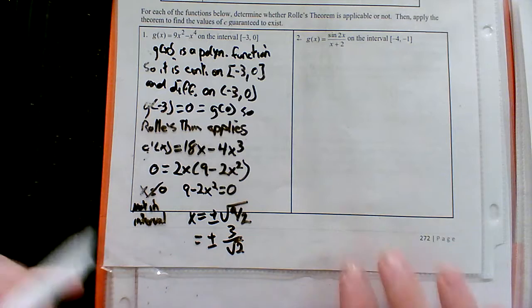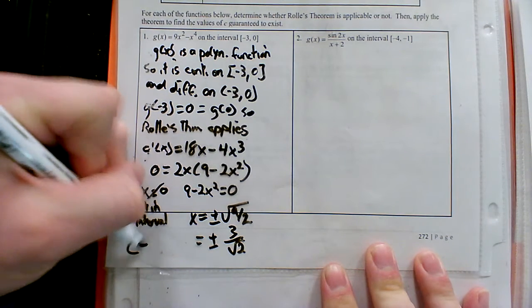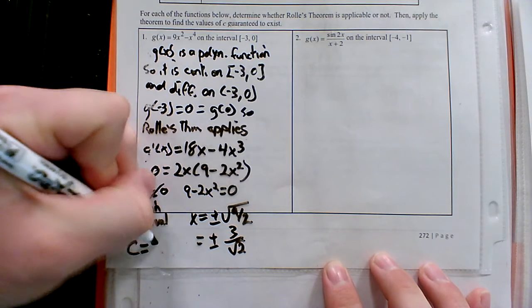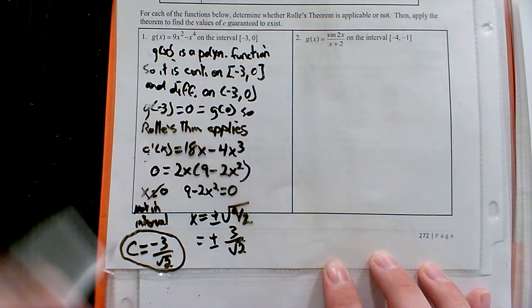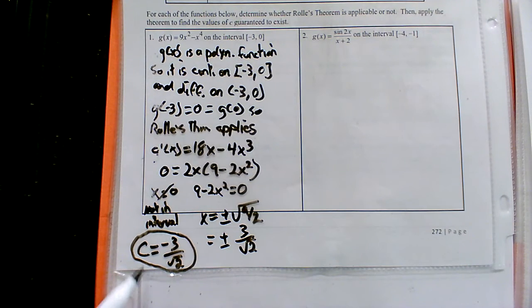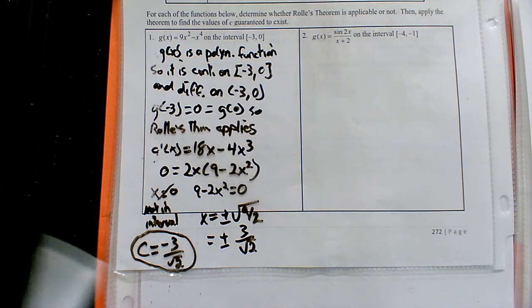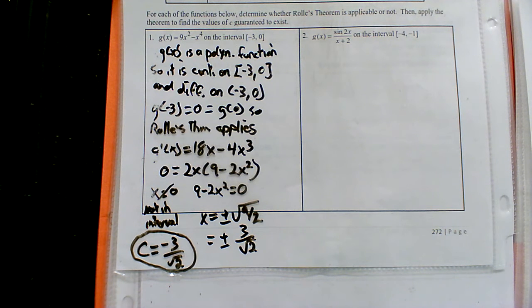So our c value, where the derivative is 0, is -3 over the square root of 2. By Rolle's theorem, that's our guaranteed c value, and we actually found it. So we know at that point the derivative is equal to 0. Does that make sense how we used Rolle's theorem for that? Any questions before we go to the next example? Any confusion?